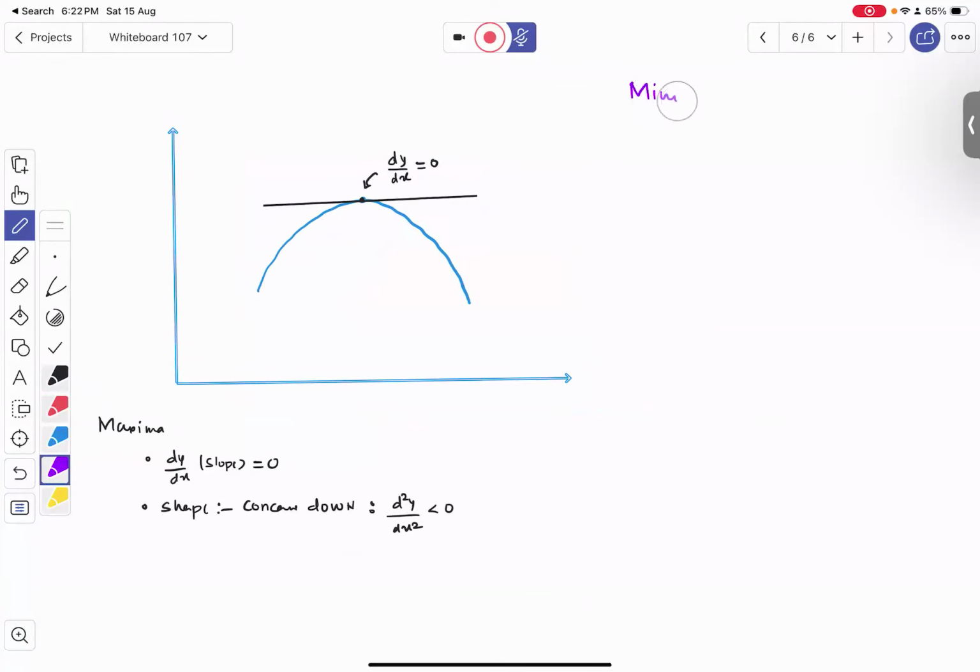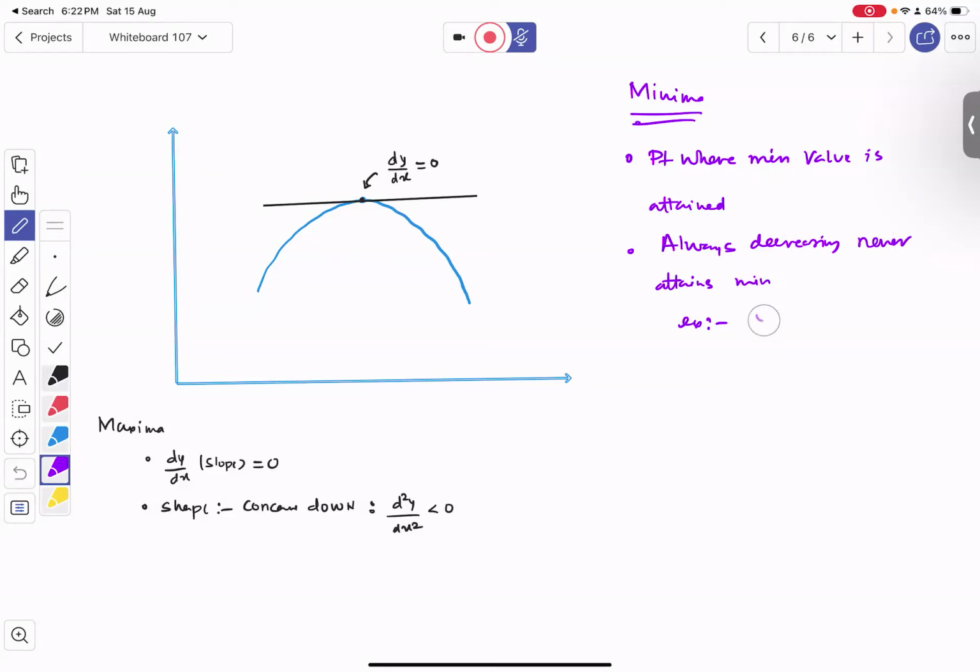So minima means a point where a function attains a minimum value. An always decreasing function never attains minima. An example of an always decreasing function can be y equals e power minus x.